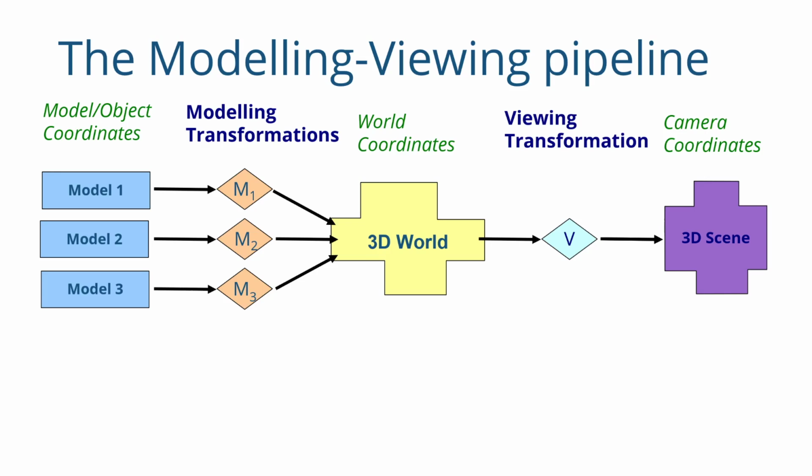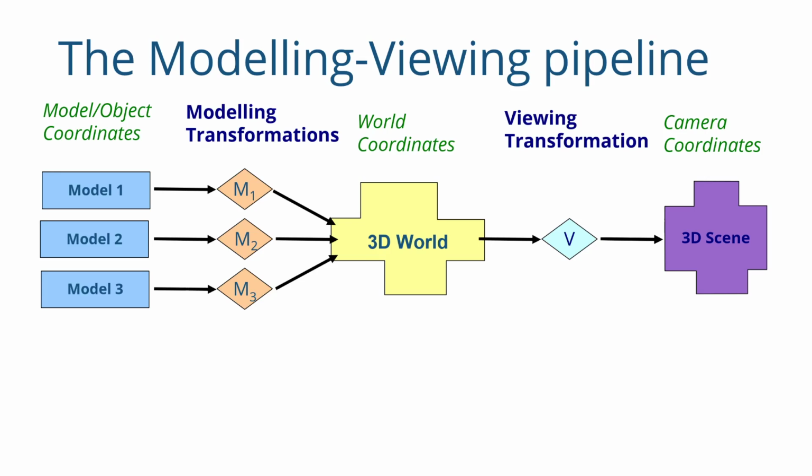Then you set up an independent coordinate system using the look at vector, the up vector, and the third axis of the camera coordinate system, and then you apply a transformation such that the origin of the 3D world transforms to the camera center, and the axes of the world coordinate system transform to the axes of the camera coordinate system. The transformation that does this for you is known as the viewing transformation.